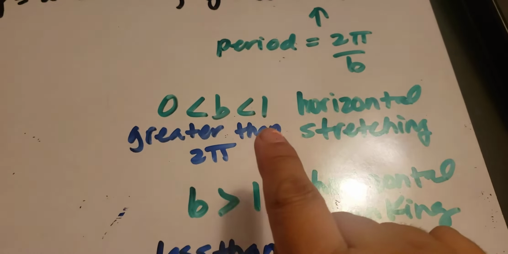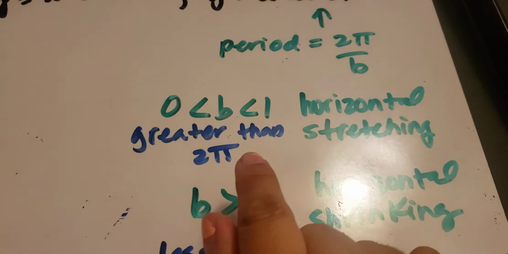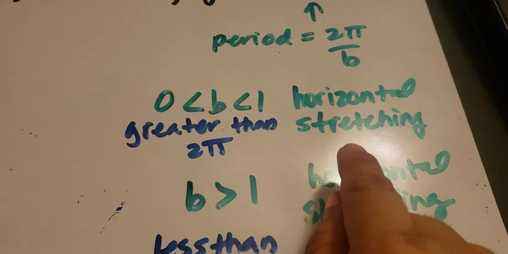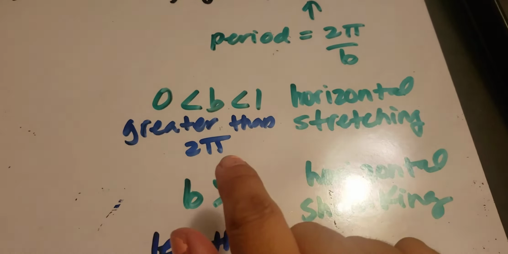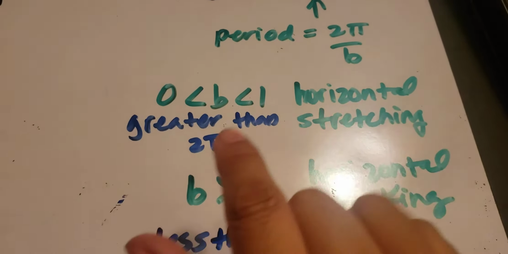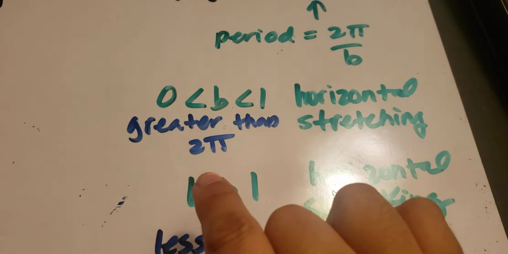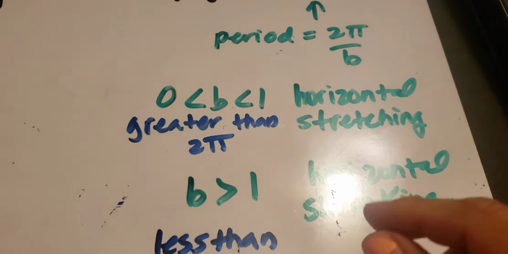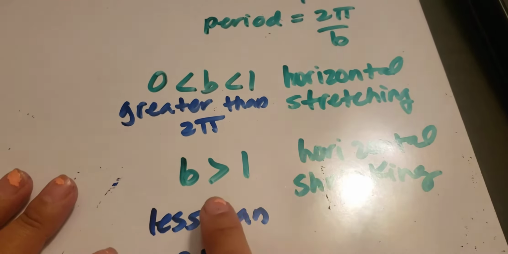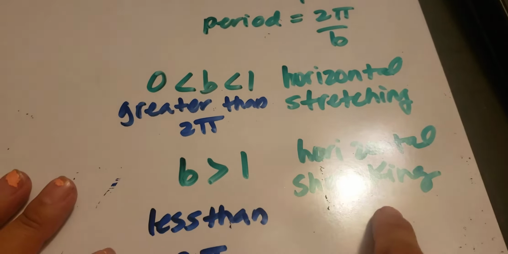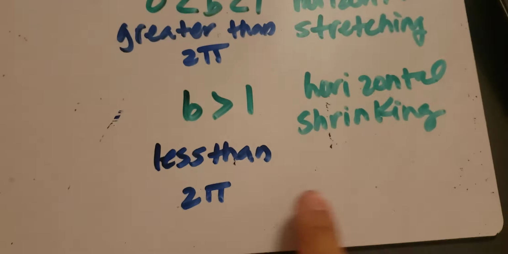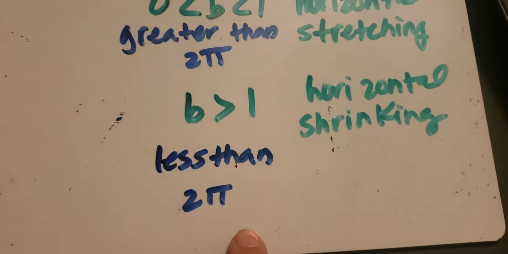Okay, if your b happens to be anywhere between 0 and 1, that means you're going to have a horizontal stretching, and what that means is your period's going to be greater than 2 pi. Okay, so it'll extend. And if b is greater than 1, you're going to have a horizontal shrinking, and your period is going to be less than 2 pi.